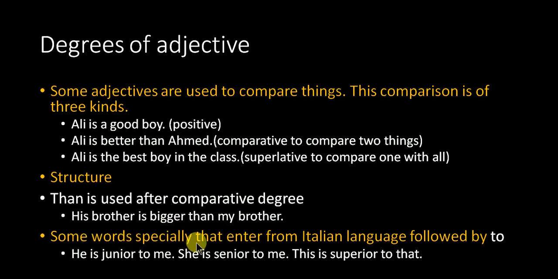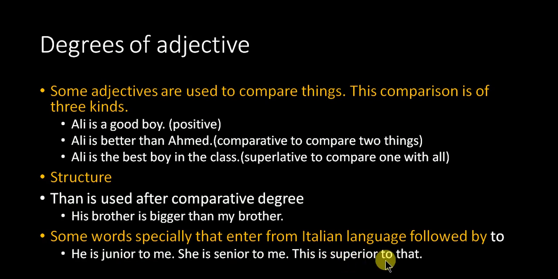Some words, especially those that come from the Italian language, are followed by to. Dear student, this is a very important point. There are some words which have come from the Italian language and they are always followed by to. He is junior to me, junior to. She is senior to me, senior to.